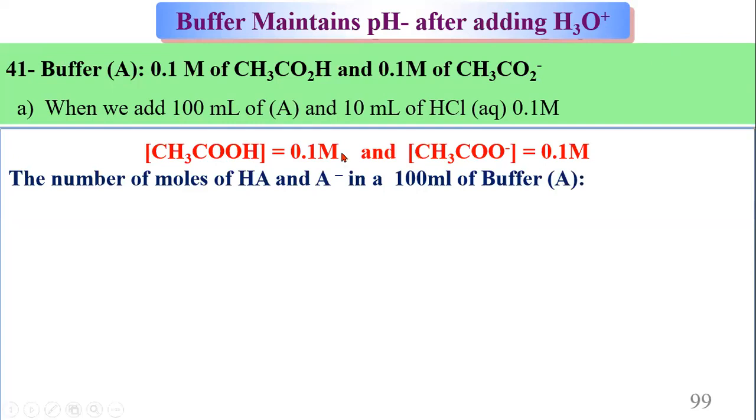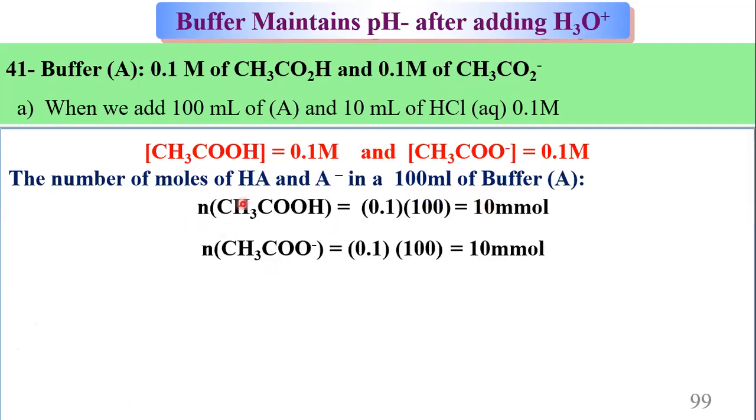Of course, we have 100 milliliters of the buffer. So to get the number of moles of the acid, we take the concentration multiplied by the volume.